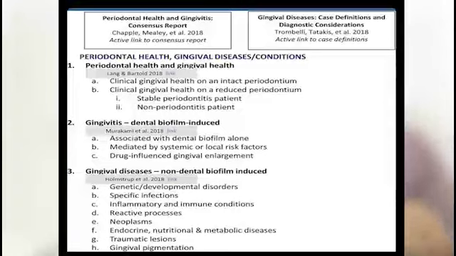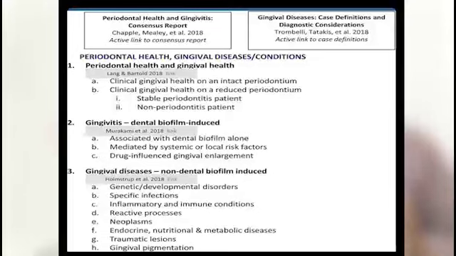This means that we have to check the disease in the patient. There is either no periodontitis, or there is periodontitis but it's in a stable, treatable, manageable condition. The second one is gingivitis, dental biofilm induced. In this we have three categories we will check for diagnosis.